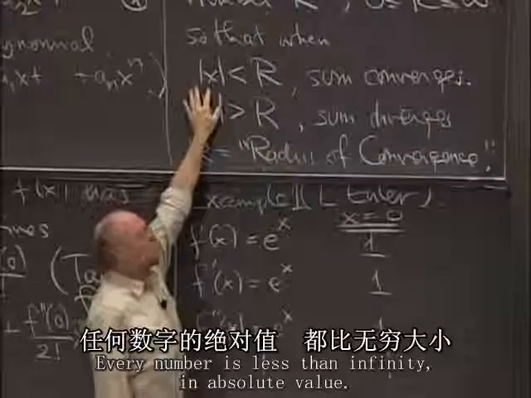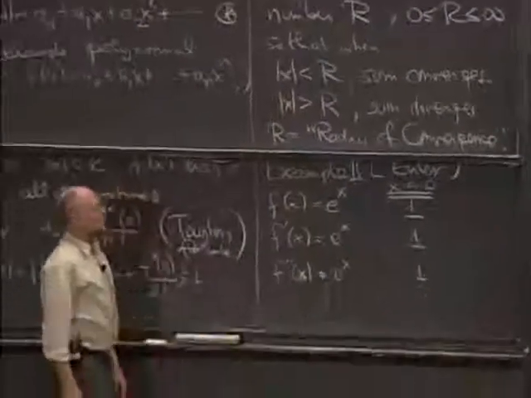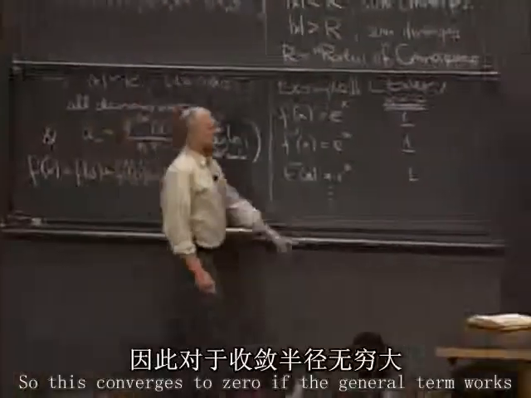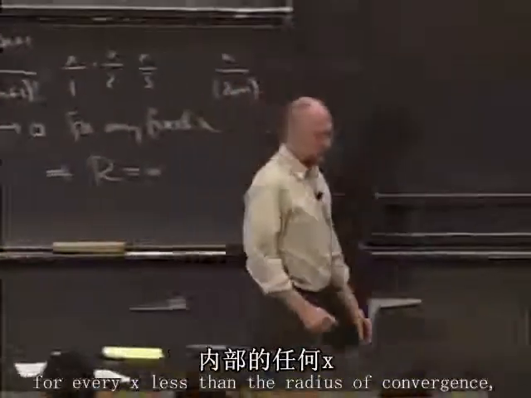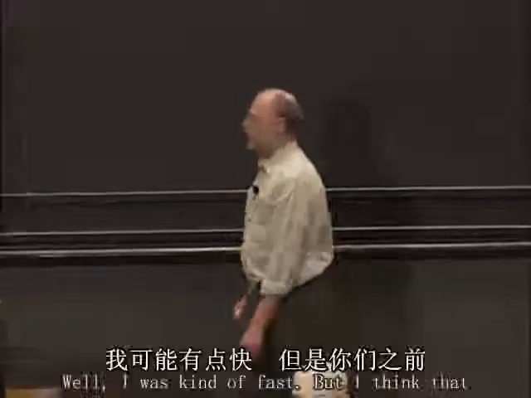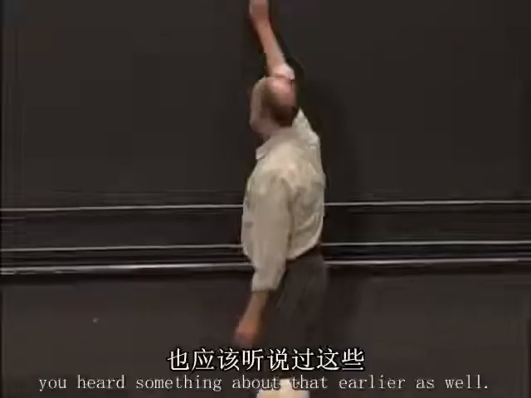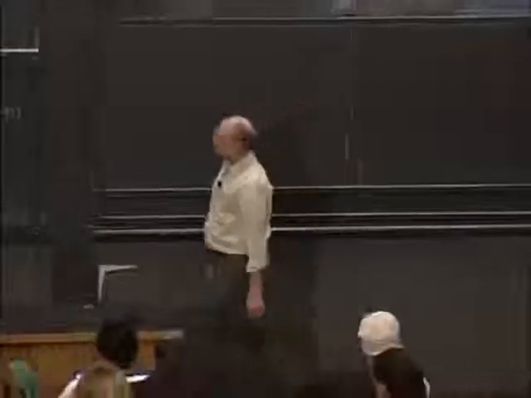Every number is less than infinity in absolute value. So if this convergence to 0 of the general term works for every x, then the radius of convergence is infinity. Well, that was kind of fast, but I think that you heard something about that earlier as well.